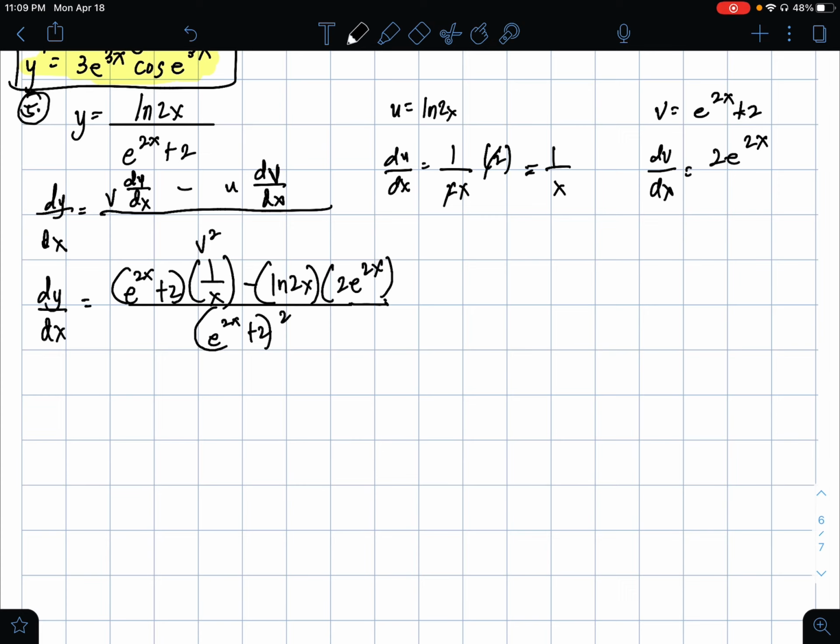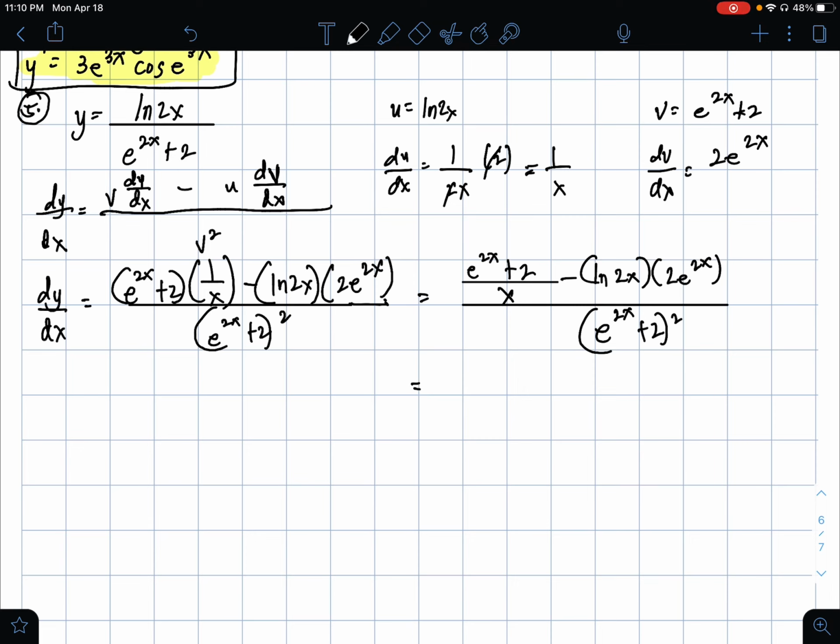Okay, so karon mababa nato si x. Pwede nato buhaton, simplify nato siya, so may mo siya og x, and e2x plus 2 minus ln 2x 2e2x over e2x plus 2 squared.